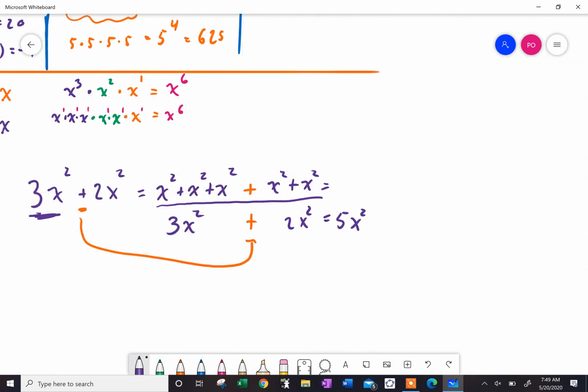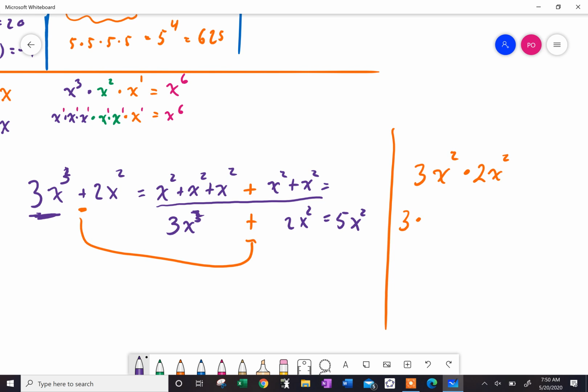Alright, now I'm going to do the same question, except instead of doing that, I have 3x squared times 2x squared. Well, the nice thing about multiplication is everything looks like, I'm sorry, it's supposed to be 3x cubed. Why did I do that?